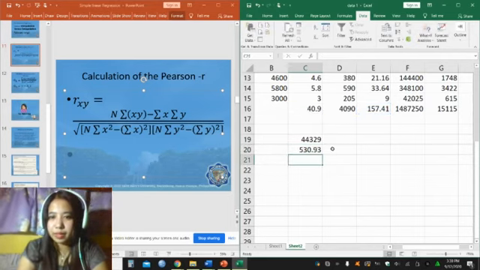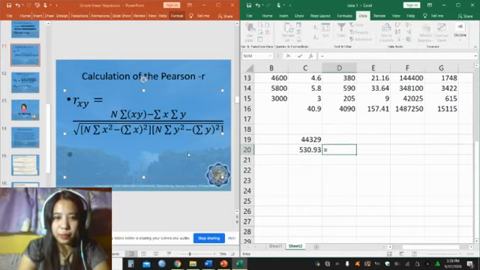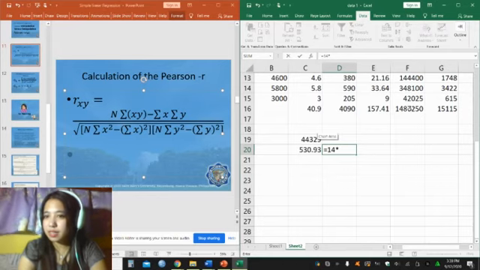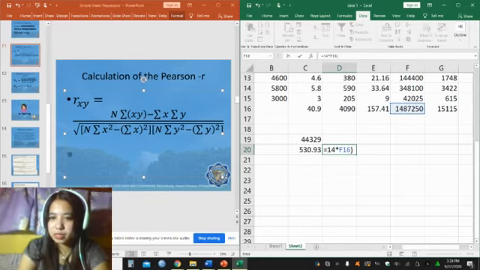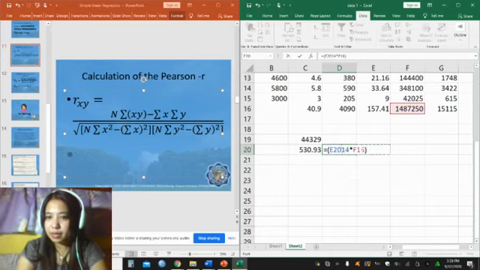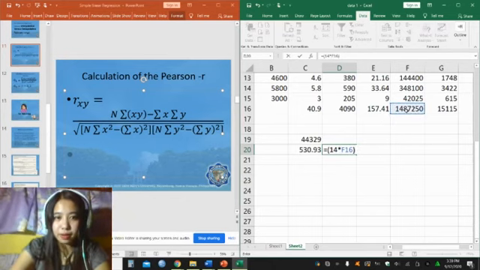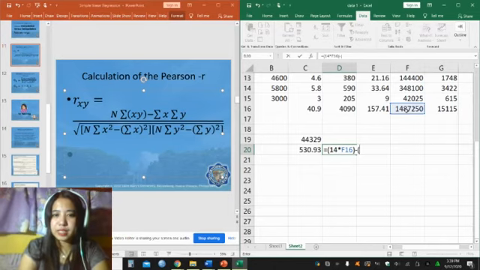Then enter. And then the next one, we will again get the value of n, 14, multiplied by the summation of Y squared. Y squared is this one. Open and close parentheses. Let's repeat that part. 14 multiplied by the summation of Y squared, less the summation of Y. Where is the summation of Y?